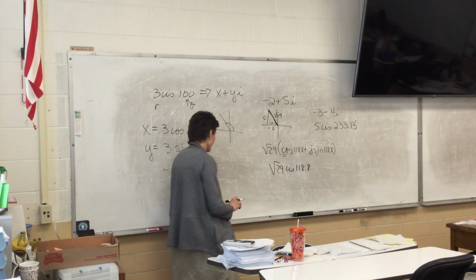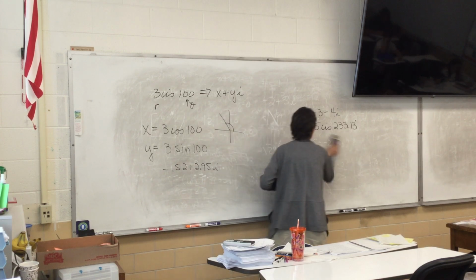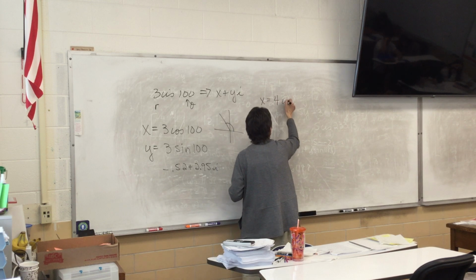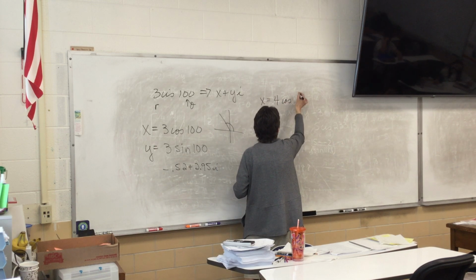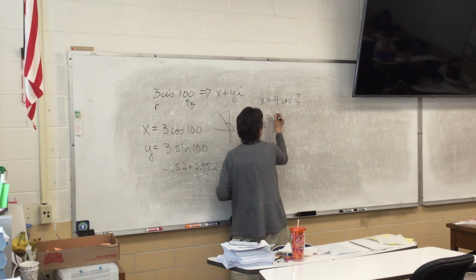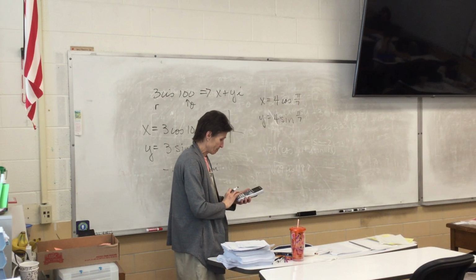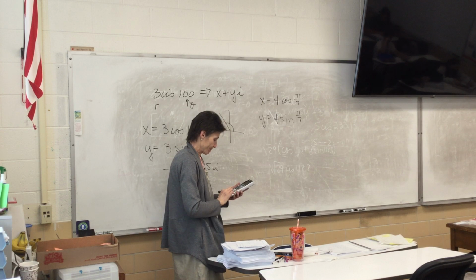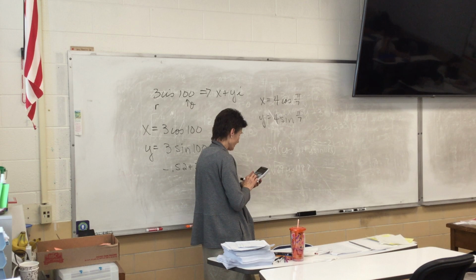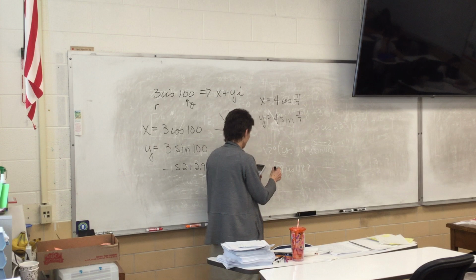All right, 4 cis pi over 7. Well, obviously, this one's in radians. So I'm going to do everything exactly the same, except I'm going to have to have my calculator in radians. So make the quick switch over to radians. 4 cosine pi divided by 7. 4 sine pi divided by 7.